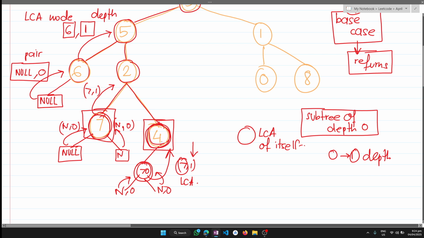Okay, so 4 receives 7 comma 1. At this point, what is 4 going to do? First of all, very important, it receives 7 comma 1 from the left side, right? It's going to make the right recursive call, and since there is nothing over here, it's going to return null comma 0 from this point.